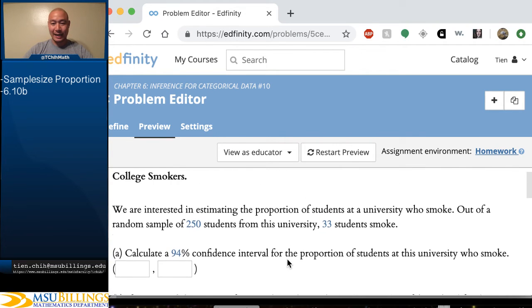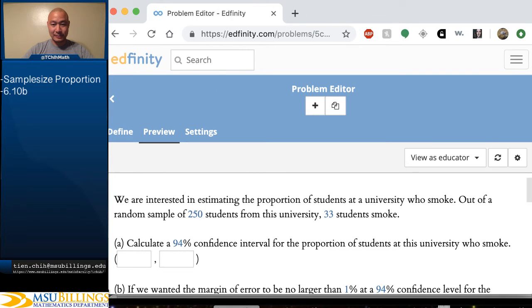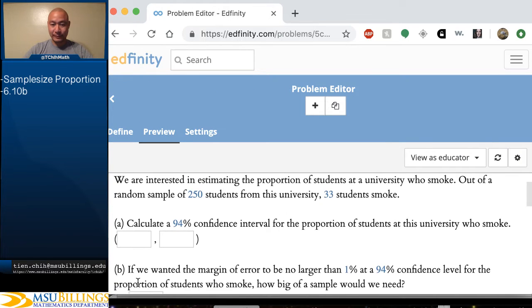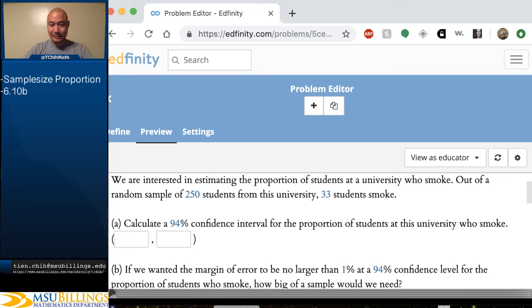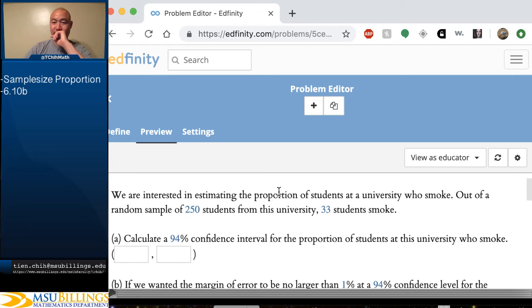So we have 250 college students and want to know what proportion of college students smoke. Out of the random sample of 250 students from this university, 33 smoke.